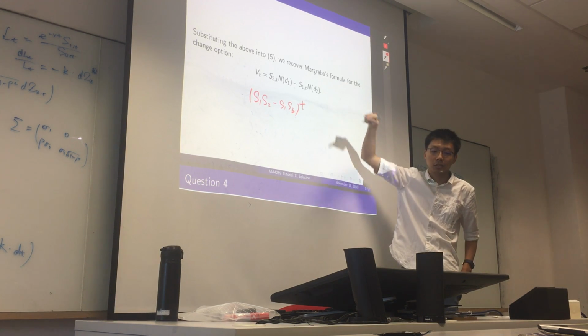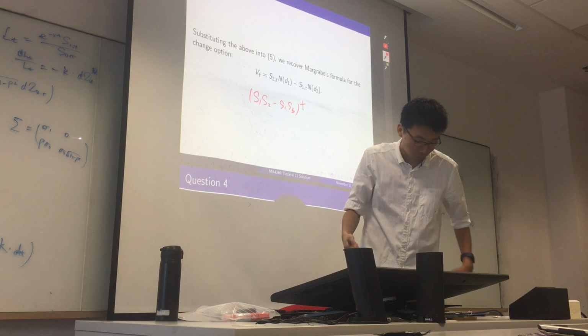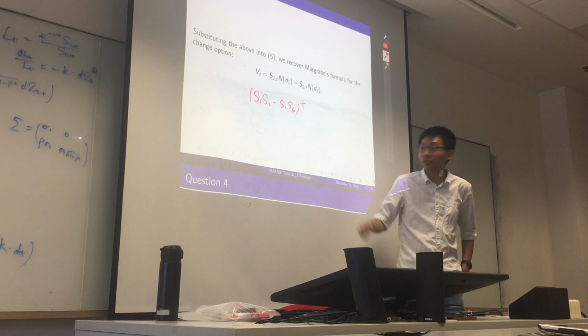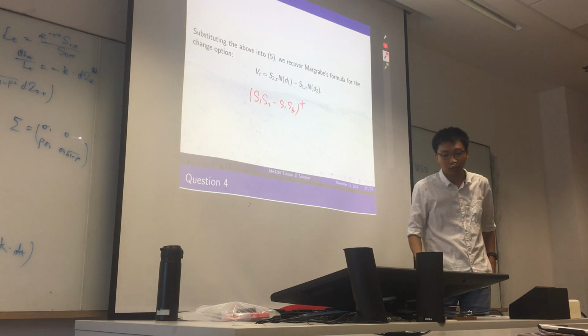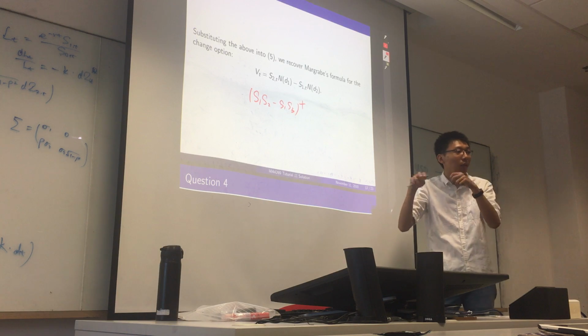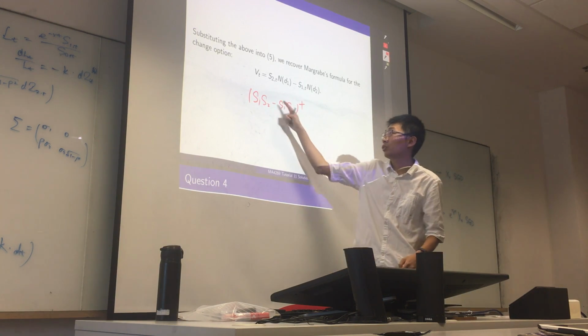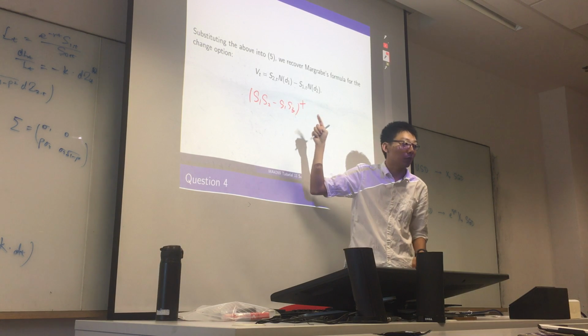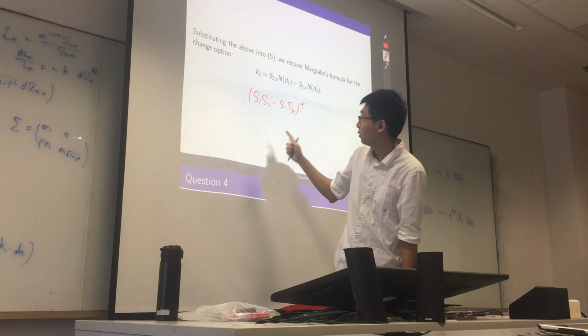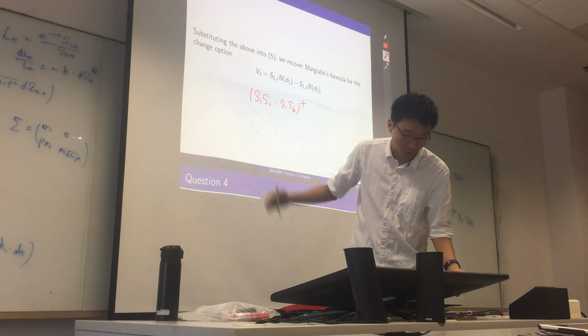Can we use Margrabe's formula? Yeah, you can. But I guess you still need to be careful about these parameters, what is r, what is sigma, because once you do change of numeraire, some parameters might be different. So you still need to be careful, but you can use any formulas you already learned, I guess.